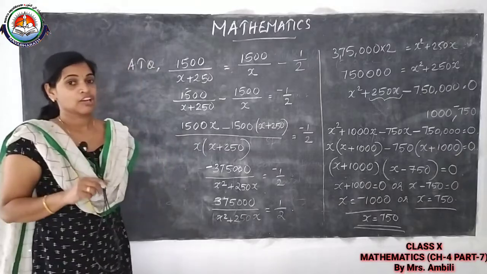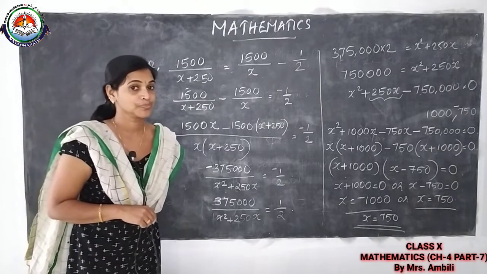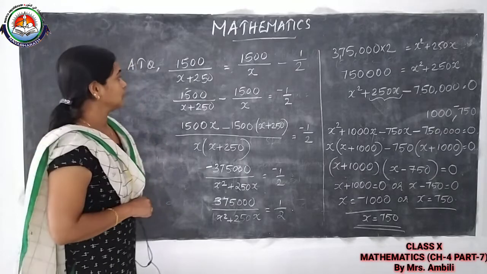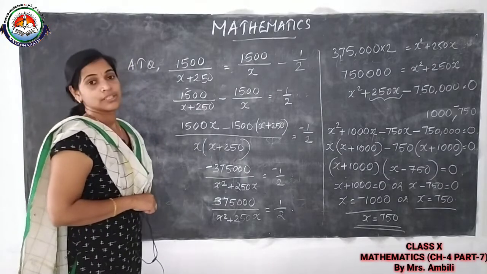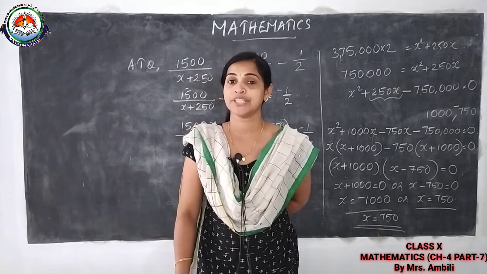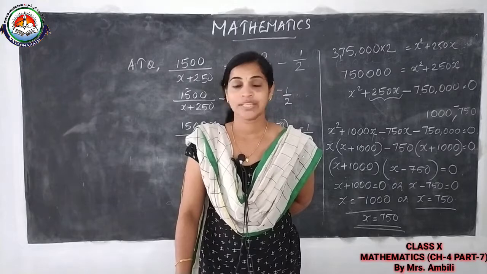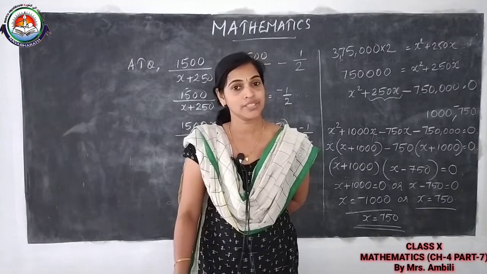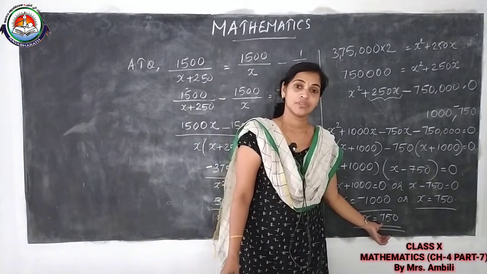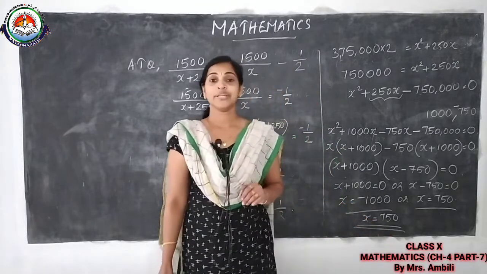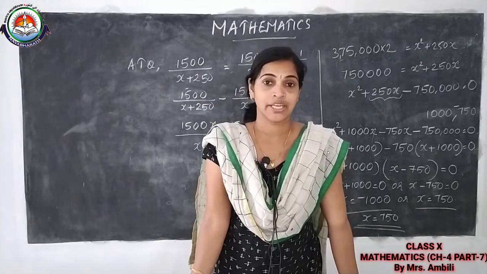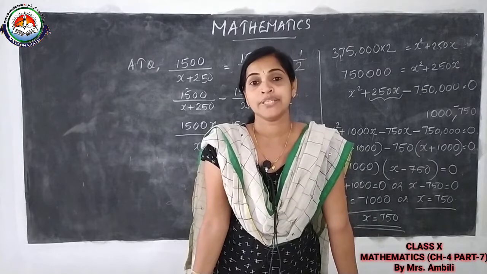Then in the question, x is the usual speed of the train. Therefore the usual speed of the train is 750 km per hour. That is our question: find the usual speed of the train. Hence the usual speed of the train is 750 km per hour.